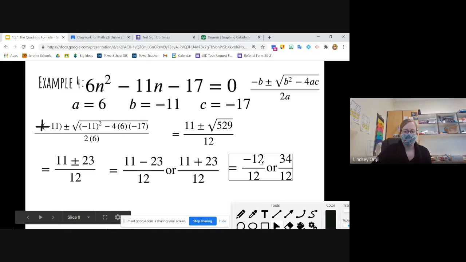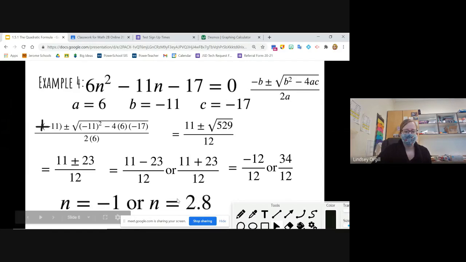And then -12 divided by 12 and 34 divided by 12. So I get n equals -1 and n equals 2.8. Okay? That's how you use the quadratic formula.